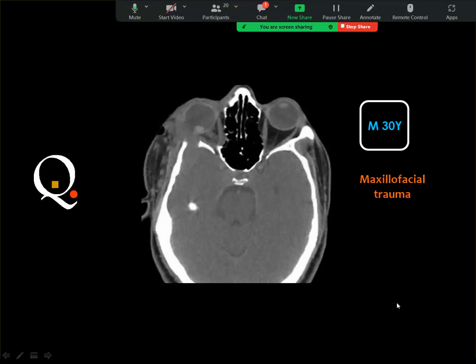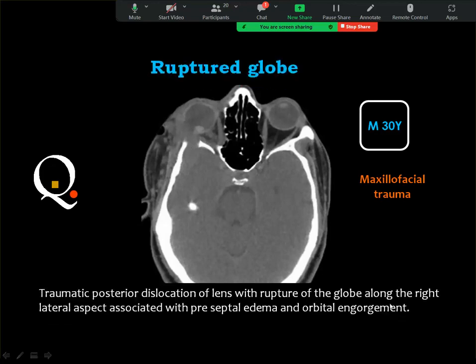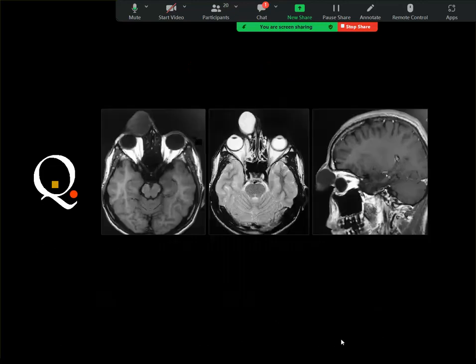Globe rupture, of course, is a serious complication of maxillofacial trauma, and it should be notified clearly in the report whenever you are writing a report for or interpreting a case of maxillofacial trauma. You should look carefully for the integrity of the globes. This is mandatory because ruptured globe means that it is irreversible damage to the globe and is no more suitable for anything.